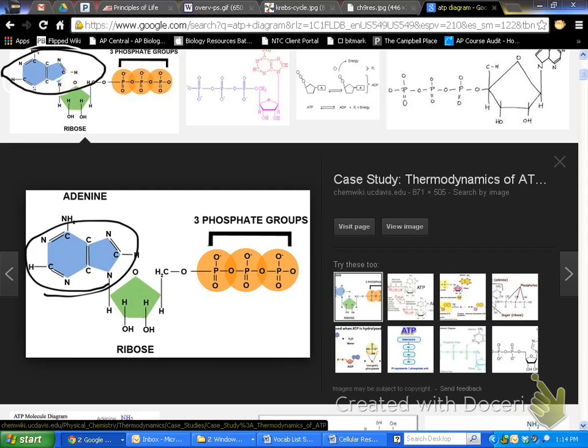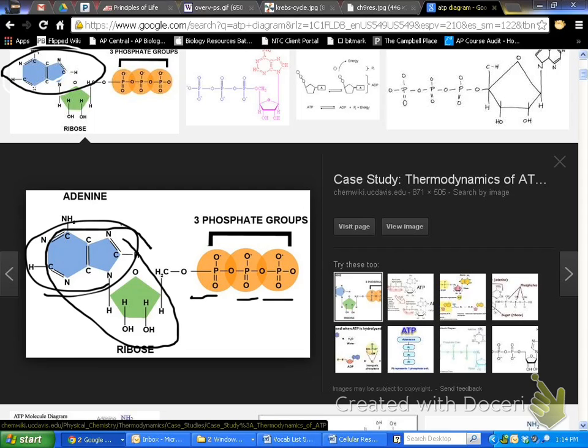Adenosine is actually this entire thing right here, because not only is it the nucleotide adenine, it's also the ribose attached to it. And then the T stands for tri, and the P stands for phosphate. So you notice we have 1, 2, 3 phosphates. That's what the energy is.